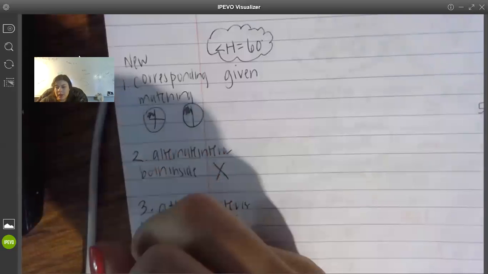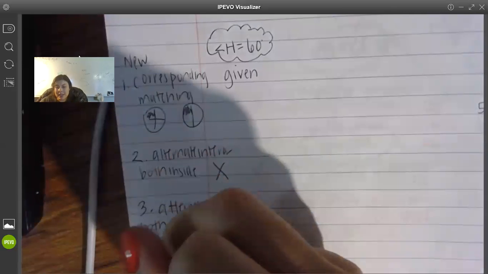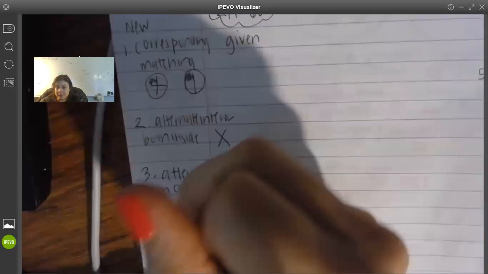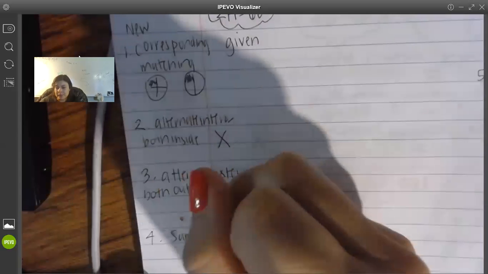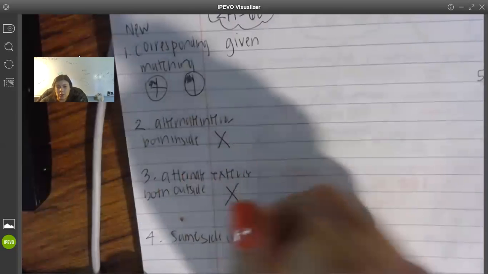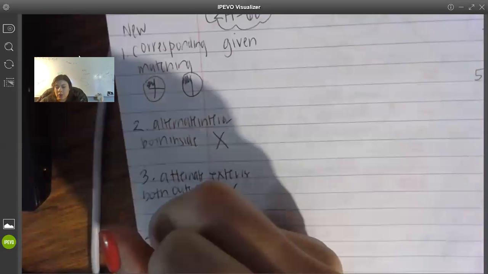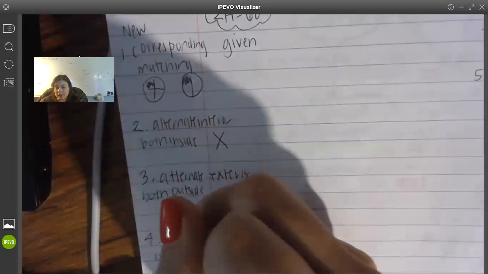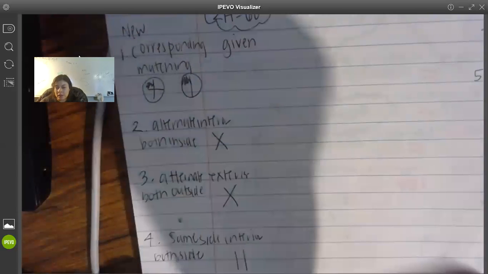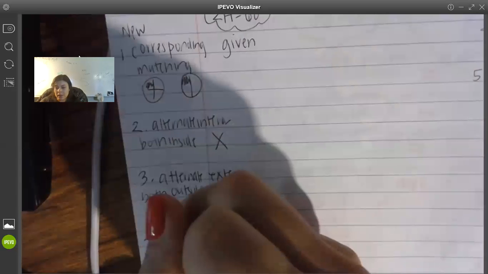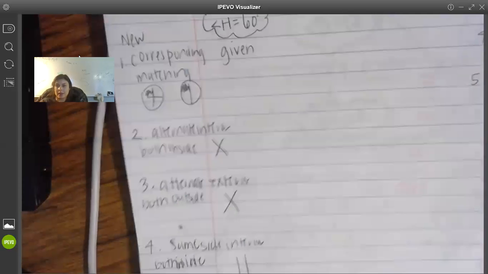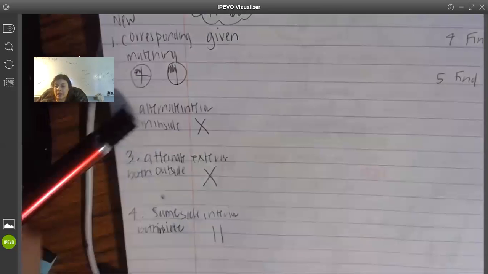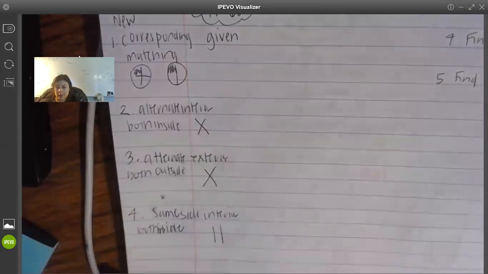And then you have same side interior. They don't make an X, they're on the same side, and they're both inside. So these 2 are inside, inside, where we do the coloring.